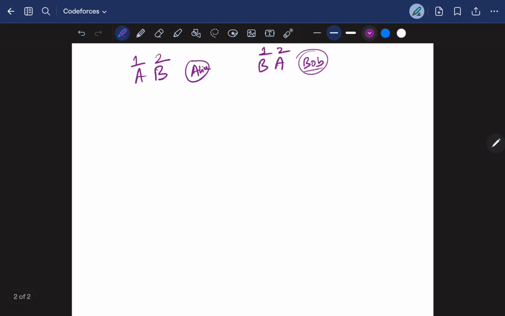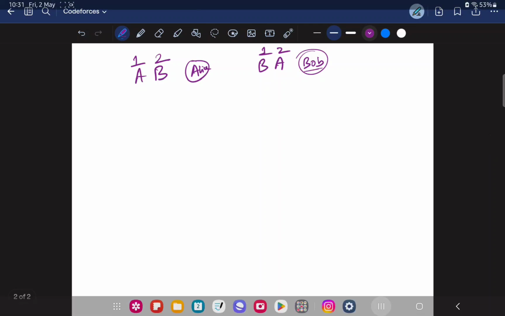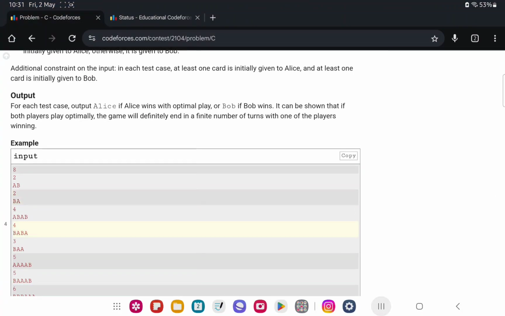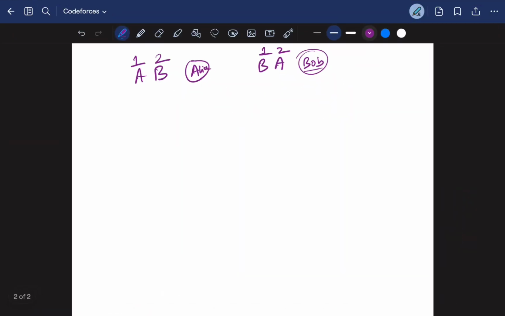Now let's see the intuition, how to approach this problem. Suppose we have n cards, 1 2 3 4 like this till n, and this is the order in which one card can beat another card, and the last card can only be beaten by the first card.